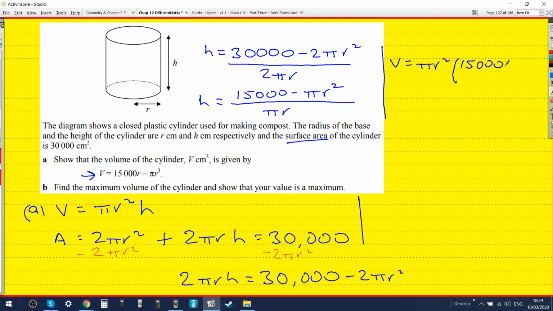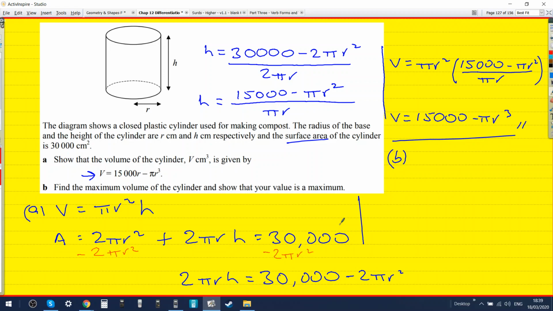And then expand that. What do you think it's going to expand to? 15,000 r minus pi r cubed. Yep. The examiner doesn't know that I didn't do that in my head, so I still get full marks.